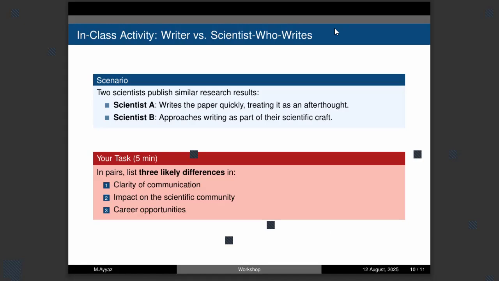On the other hand, scientist B approaches writing as part of their scientific craft. You have to identify three likely differences in 5 minutes in terms of clarity of communication, impact on the scientific community, and career opportunities for these two scientists.